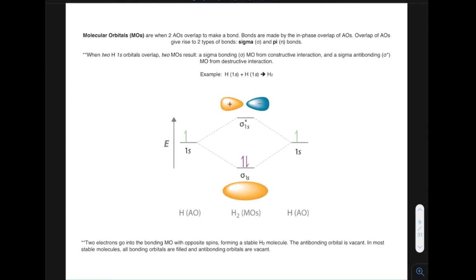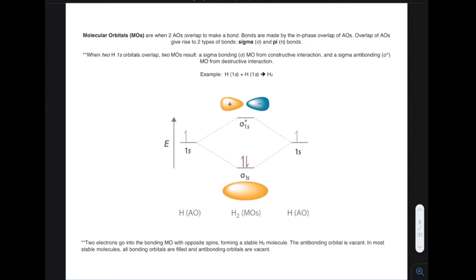After this overlap, there is a lower energy sigma bond and a higher energy antibonding orbital, indicated here by this relative energy bar. The electrons, of course, will want to go into the lower lying molecular orbital.